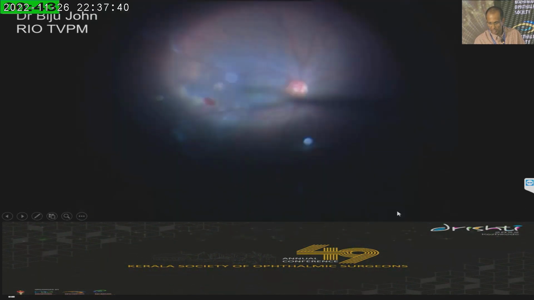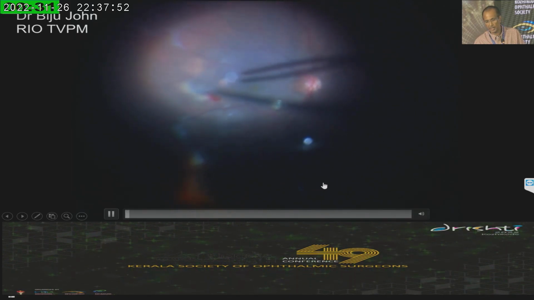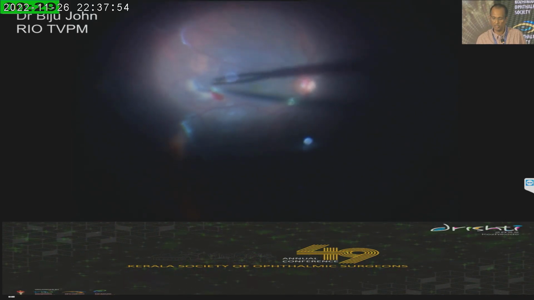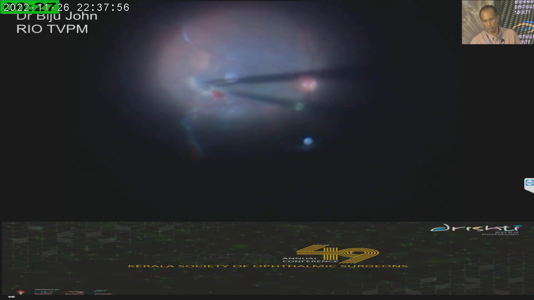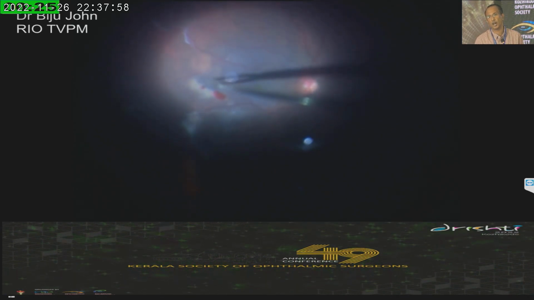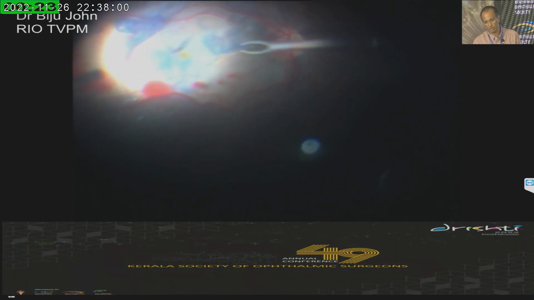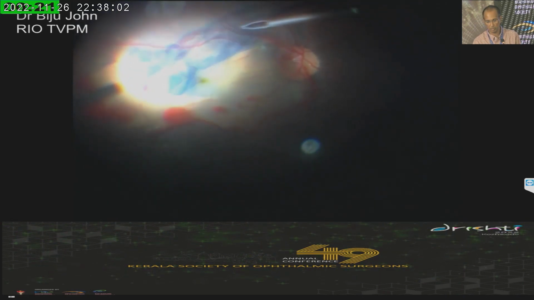In such cases, after removing whatever posterior vitreous is remaining, I stain again with brilliant blue-green, and again start the ILM peeling. So I am grasping with the forceps here. You can see the ILM peeling is being completed.